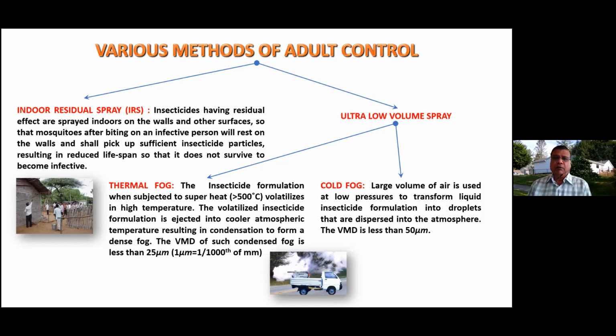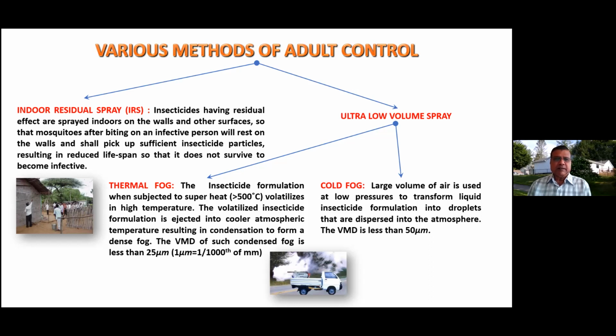And of course, ultra low volume, which has 2 divisions. One is thermal fog, the other one is cold fog. The difference between the two is the heat. The insecticide formulation in thermal fog is subjected to superheat, more than 500 degrees Celsius, resulting in volatilization at high temperature.